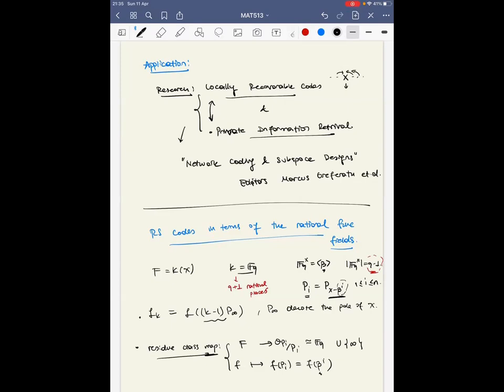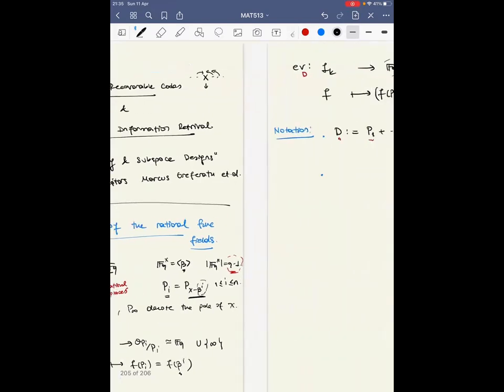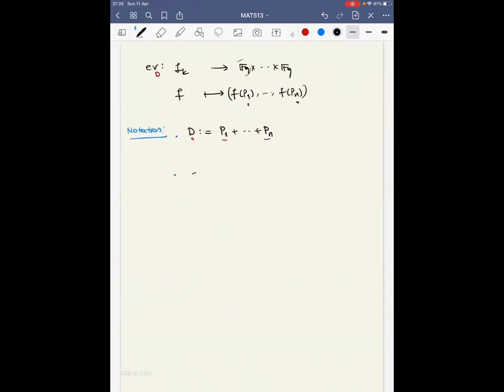However, here the support of D, that means these given n distinct places, is different from the place P infinity.